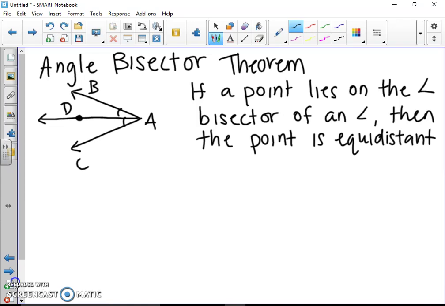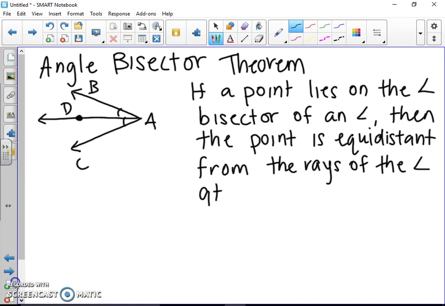So it just means it's equal distance from, it's equidistant from the rays of the angle at 90-degree angles. This is what that looks like, okay?